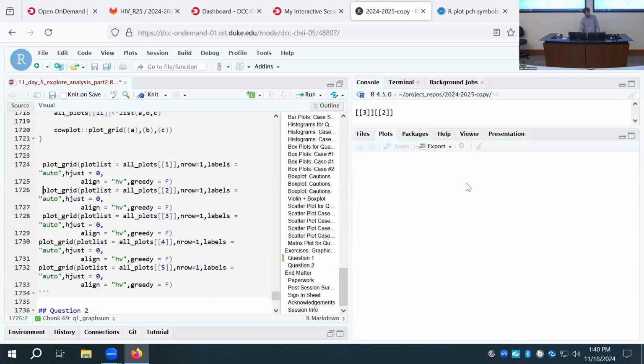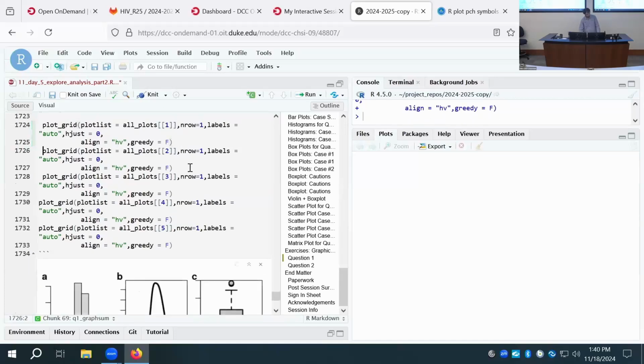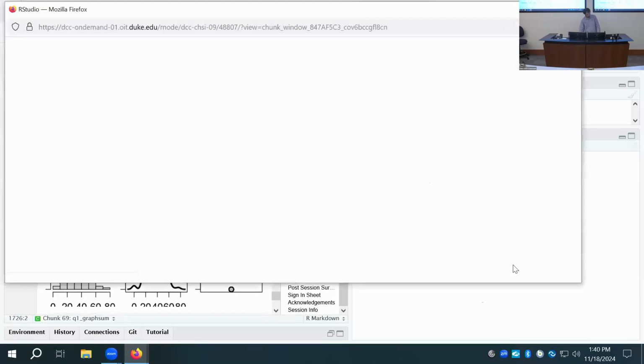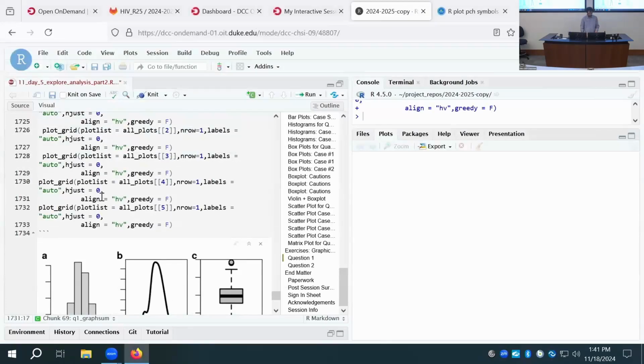So now what this is going to give us, it works, come on. There we go. This is showing us the data across the plot for each of the variables. All right, I'm just going to run all of this at once.